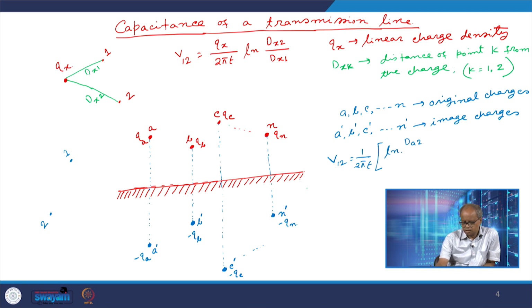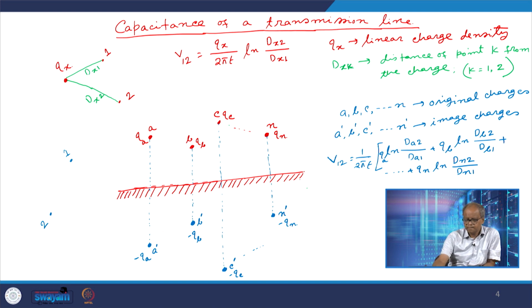QA log dA2 by dA1 plus QB log dB2 by dB1 plus dot dot dot Qn log dN2 by dN1.